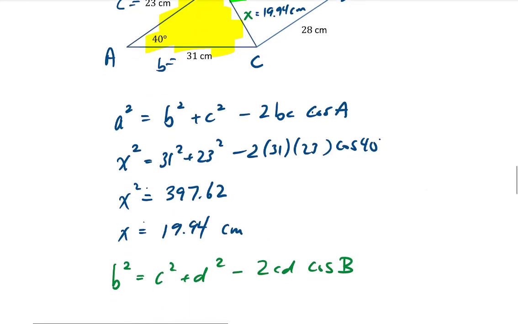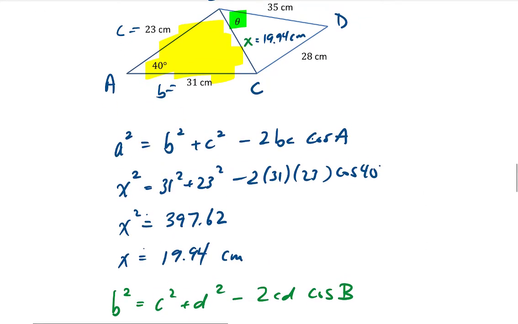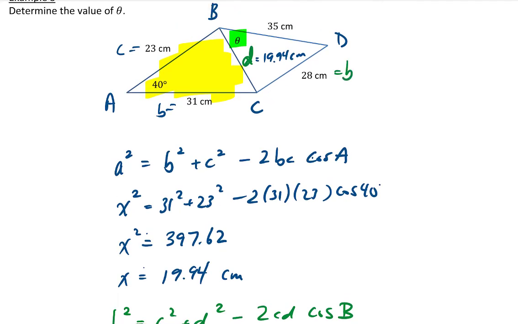All right, so what do we have? We have D is here, so there's D. There is B, and there is C. So let's use those.